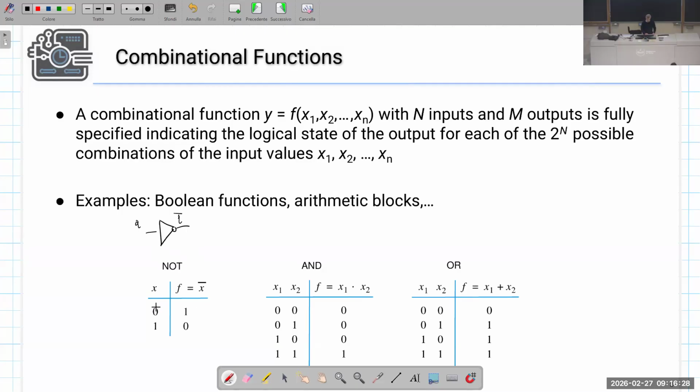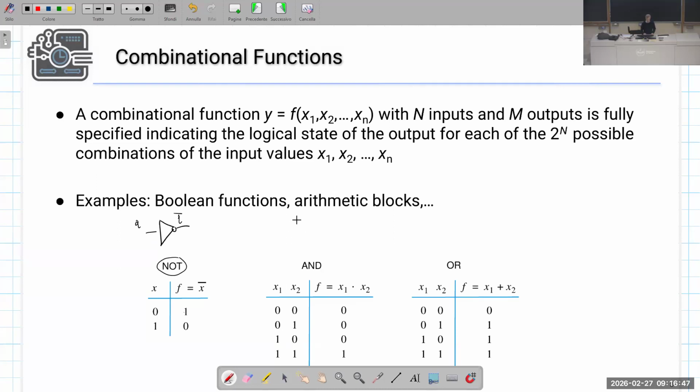In this case, for the input equal to 0, the output is equal to 1. For the input equal to 1, the output is equal to 0. This fully specifies this single-input combinational function, which is called the NOT function.